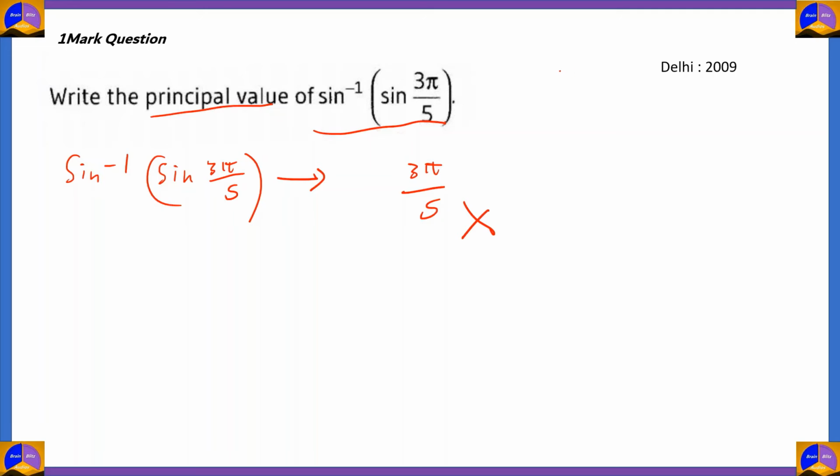The reason why is when you try dividing 3 by 5, 0 point, and then put a 30. 5 goes 6 times to get 30. So we have 0.6. What's the point in that? Well, the sine inverse function has the range minus pi by 2 to pi by 2.